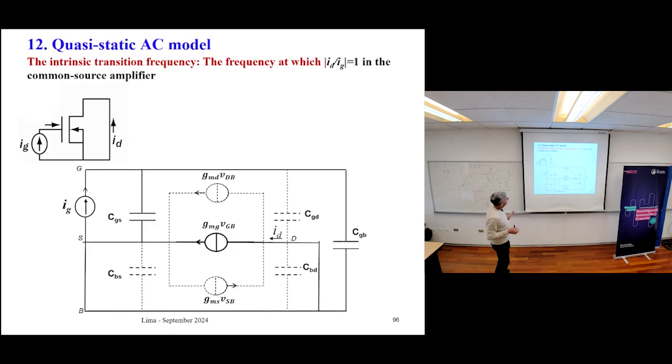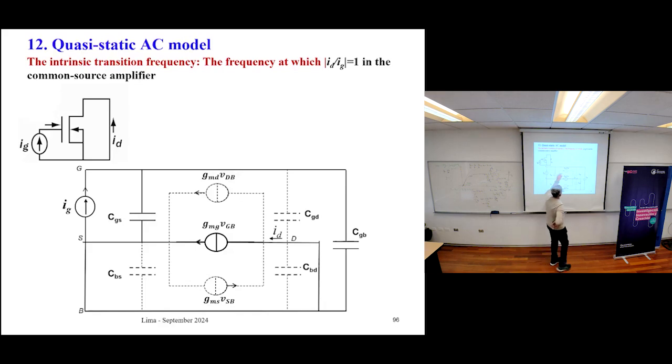Okay? What about the model? Oh, model would become so simple. I removed here the components which are not used in this configuration because VSB is 0, right? VDD is also 0 for AC.